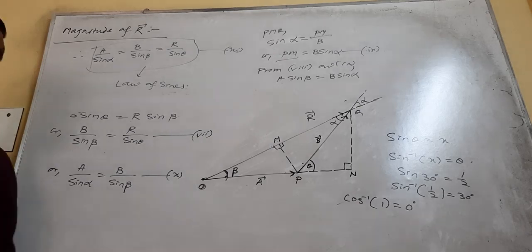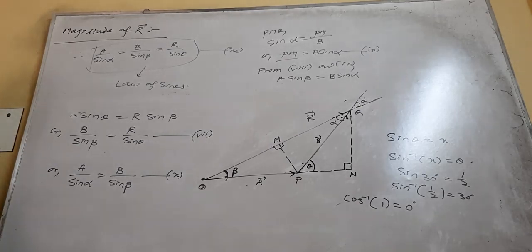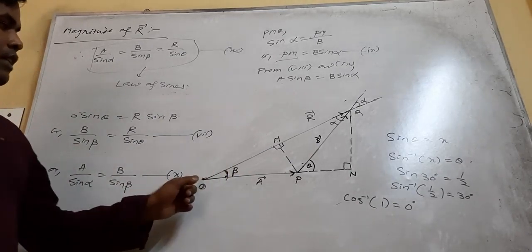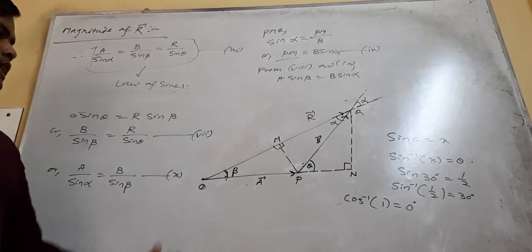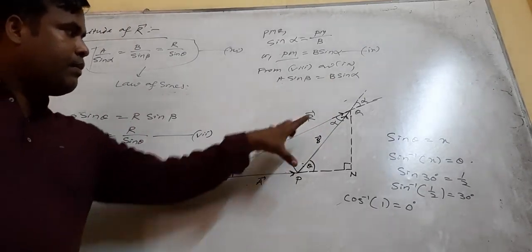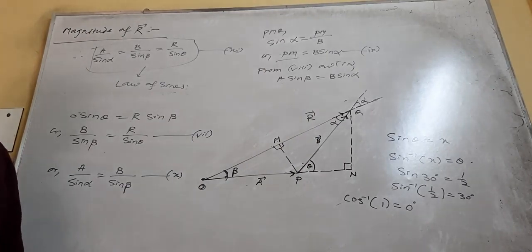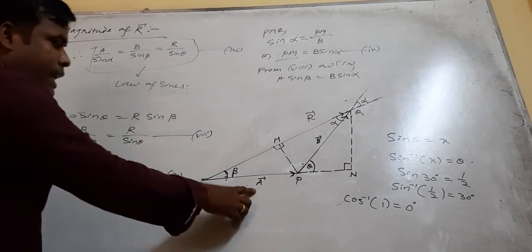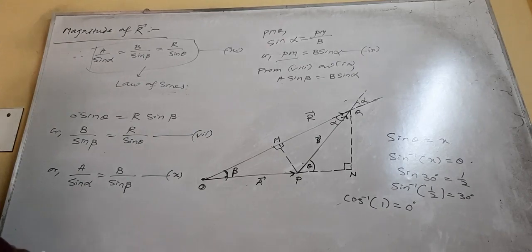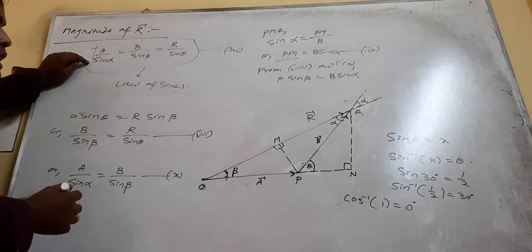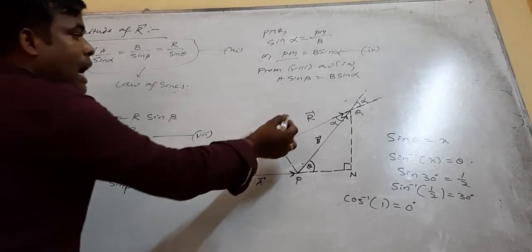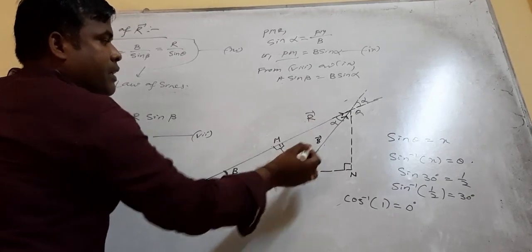So you remember, again I will explain what the law of sines is. If you take the triangle OPQ, the three sides are represented by the A vector, B vector and R vector. If I take A, then A by sine of the angle between R and B, that is alpha.